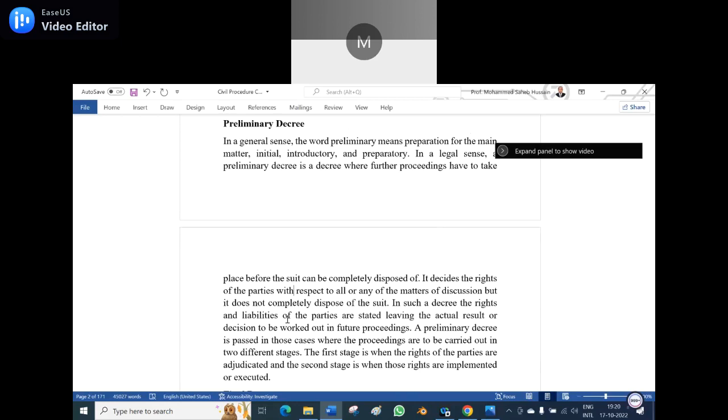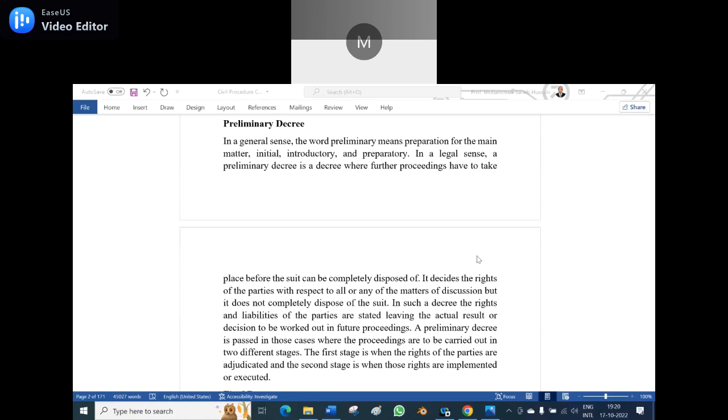Whether it is proved or not proved, once the final proceedings are over, it will be decided. A preliminary decree is passed in those cases where the proceedings are to be carried out in two different stages. At that instance only, this preliminary decree will be passed.